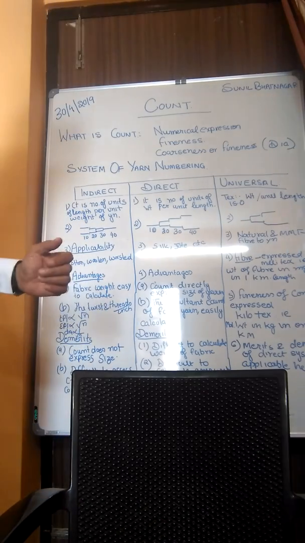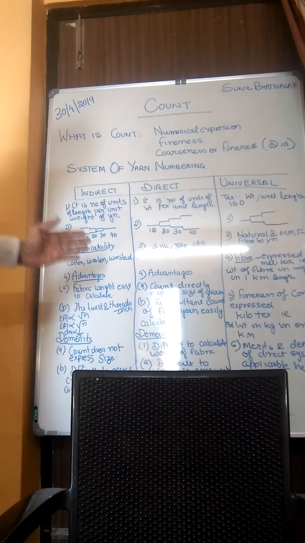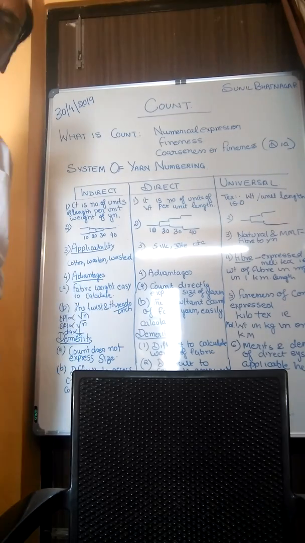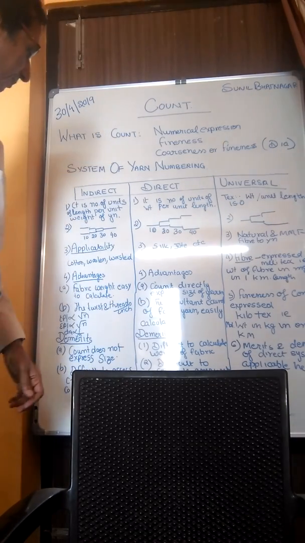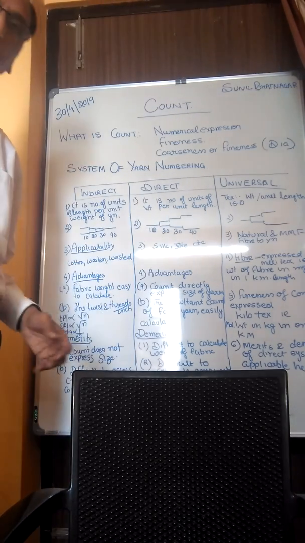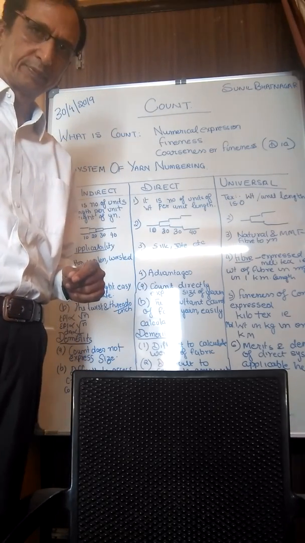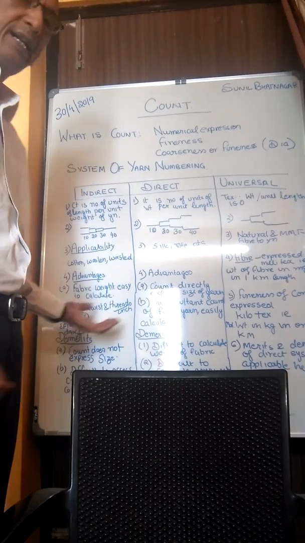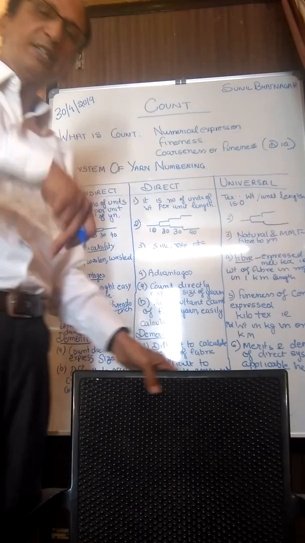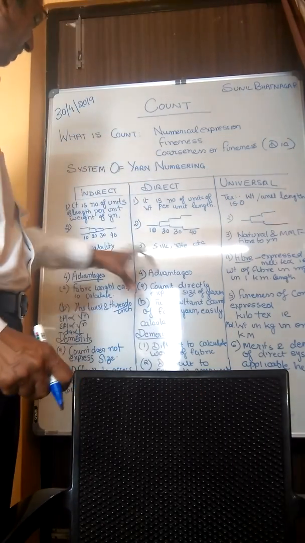Then what are the advantages? The advantage of the indirect system is that you can directly calculate the fabric weight easily. The twist and threads per inch have a relationship, that TPI is equal to TM under root count. Then EPI is directly proportional to the square root of count. The diameter is inversely proportional to the square root of count. So these can be easily calculated.